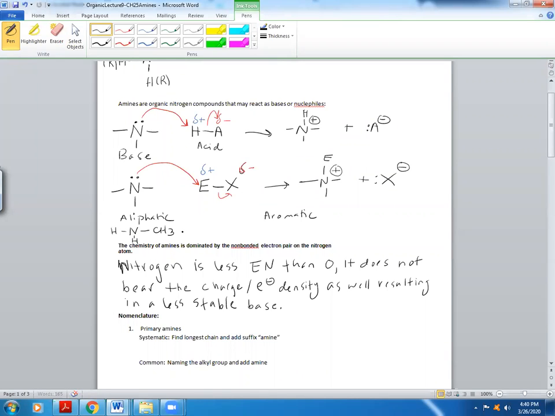That's just a chain, or even these. Well, aromatic are the ones that, remember, satisfy the criteria of aromaticity. So we've seen these before, like pyridine, that's an aromatic amine.